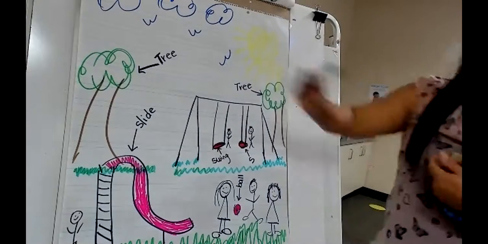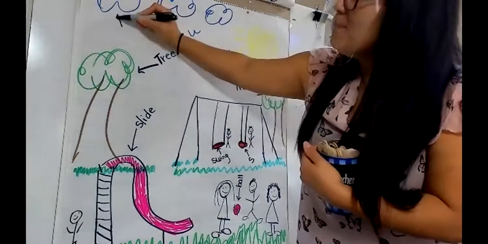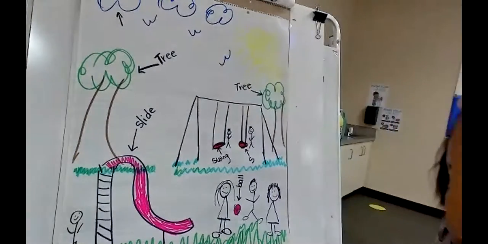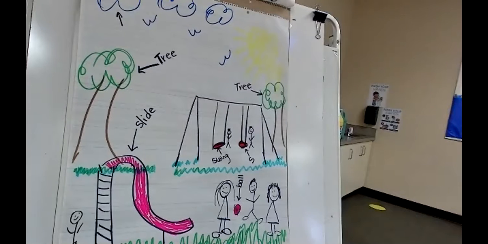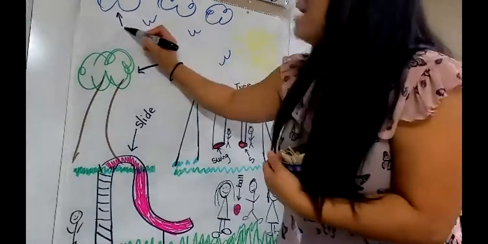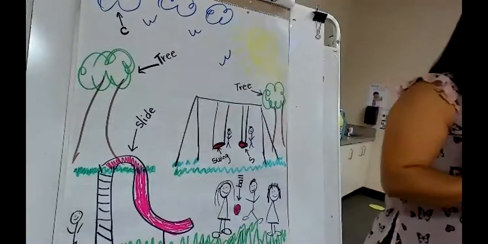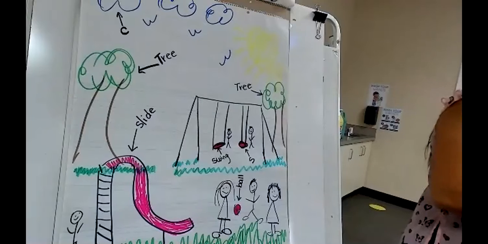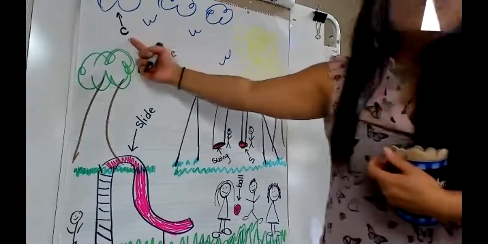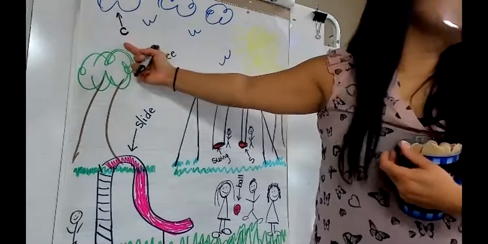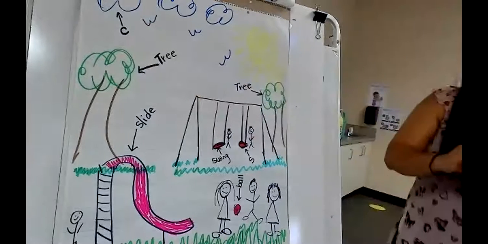The clouds, yes. Let's make a label. What do you hear in the word clouds? Clouds. What's the first beginning sound you hear? So we can just do that, right? If we don't know how to spell it, we can just put the beginning sound because that's what we hear. And we're writing the word by putting what we hear down, okay?